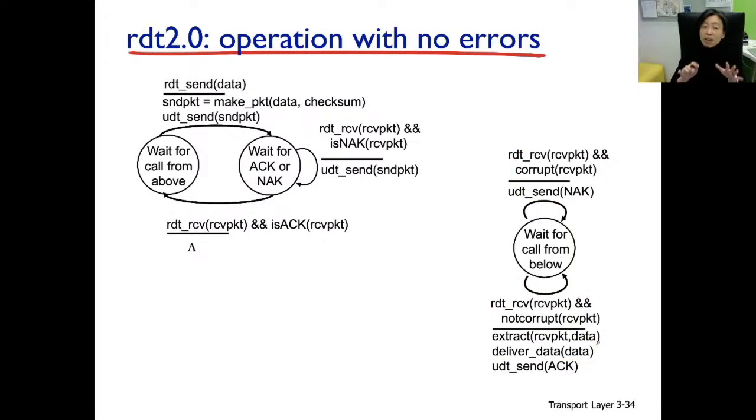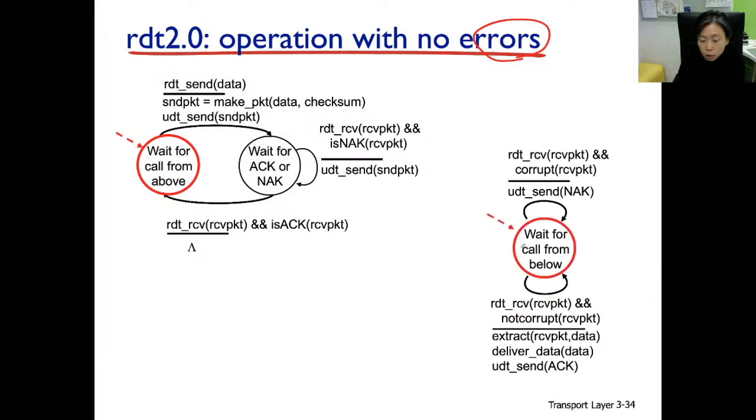Now let's walk through a couple of examples to show you how the sending side and the receiving side of RDT interact. So this is RDT 2.0, and this is an example showing that there's no bit error in the packets. Originally, the sender starts from the initial state, wait for call from above.